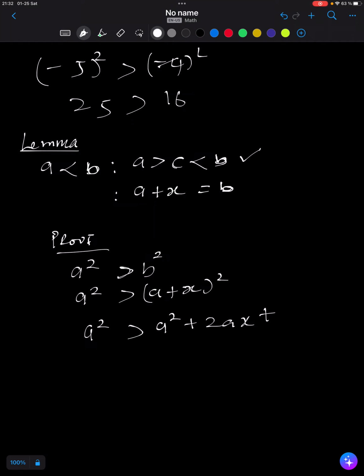I don't even know where I'm going with this, but I guess this is rough work. And so I guess we can subtract.